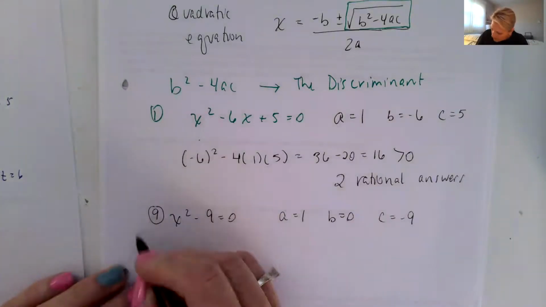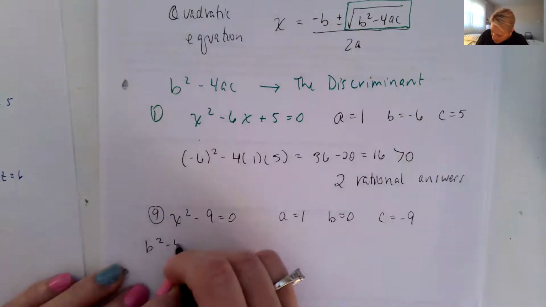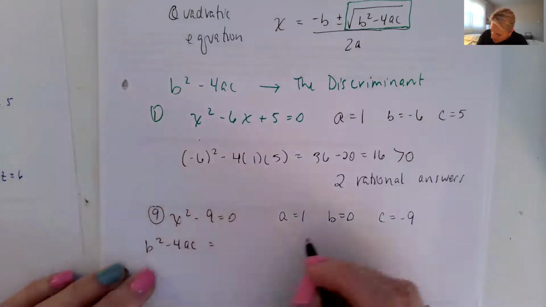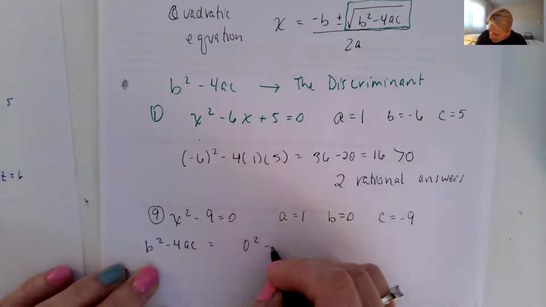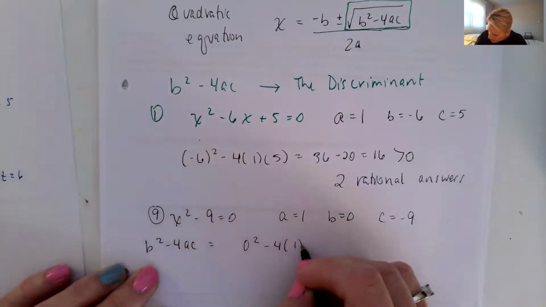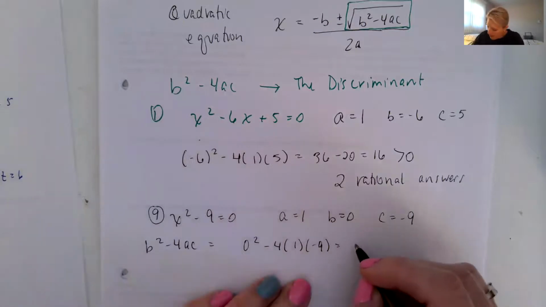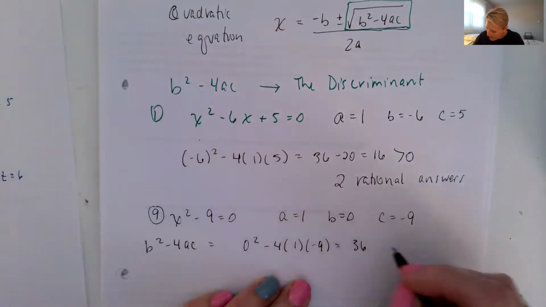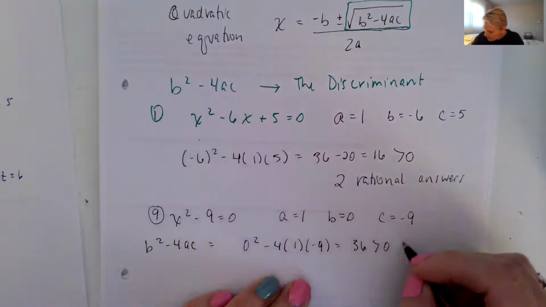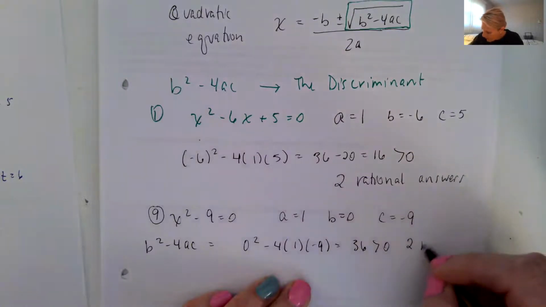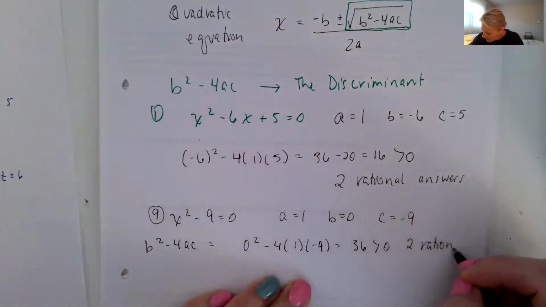So b squared minus 4ac is 0 squared minus 4 times 1 times a negative 9. And we get a positive 36, which is greater than 0. So we have two rational answers.